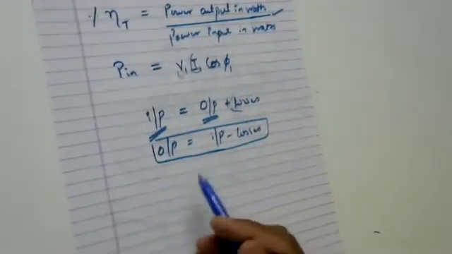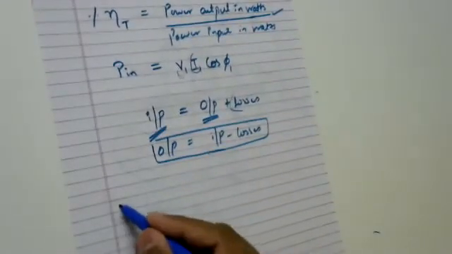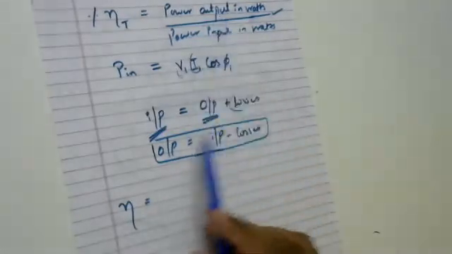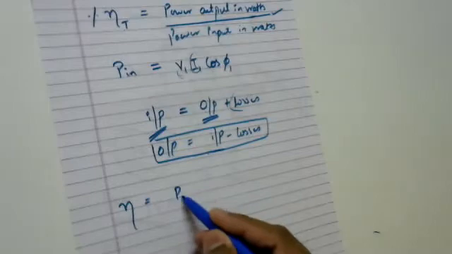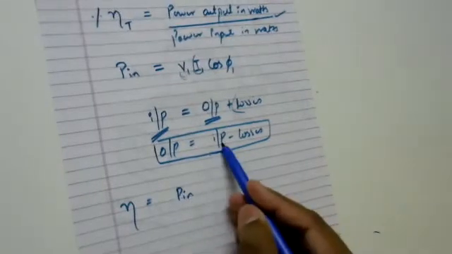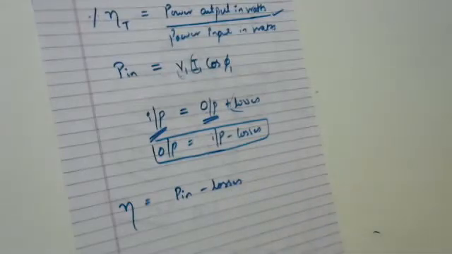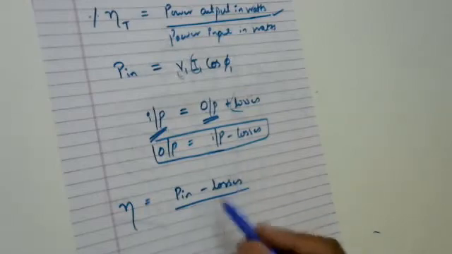Then I can write the equation for efficiency. Efficiency is equal to the output power, which is the input power P in minus the losses in the circuit, divided by the input power.